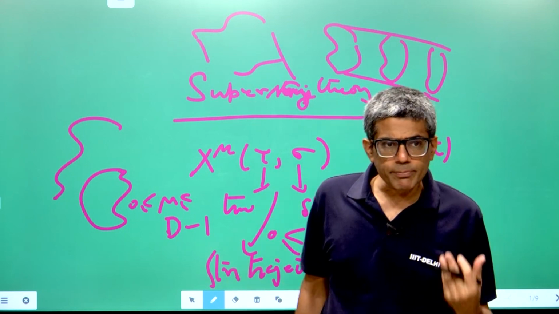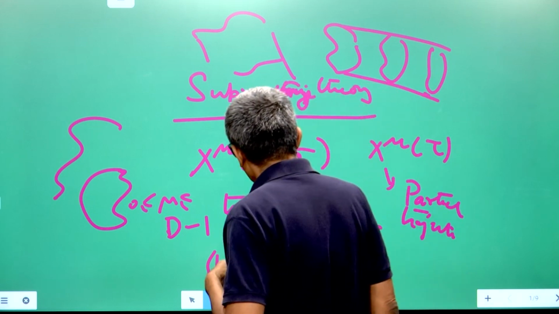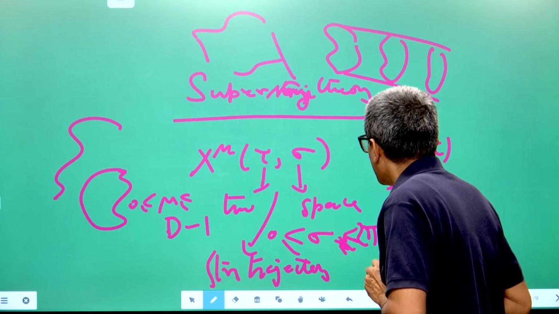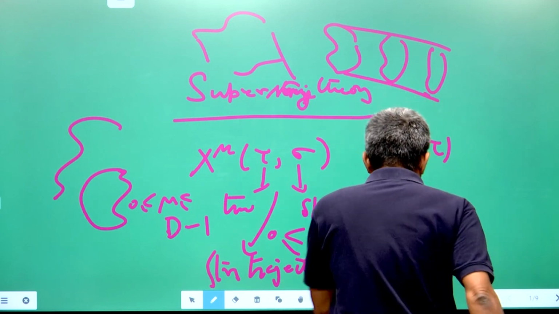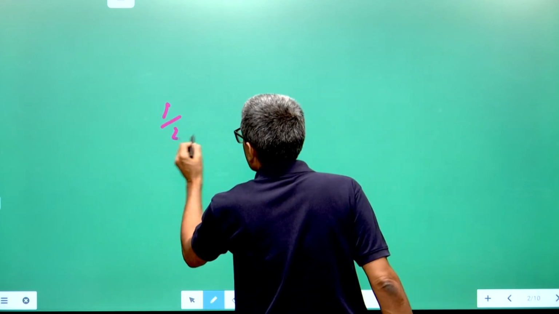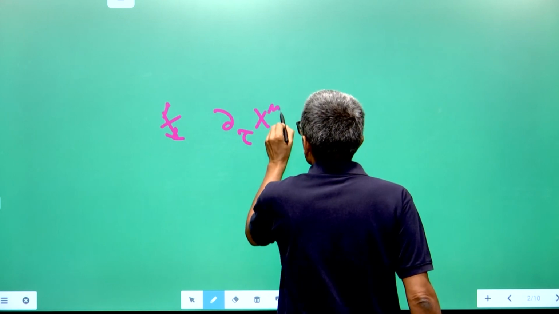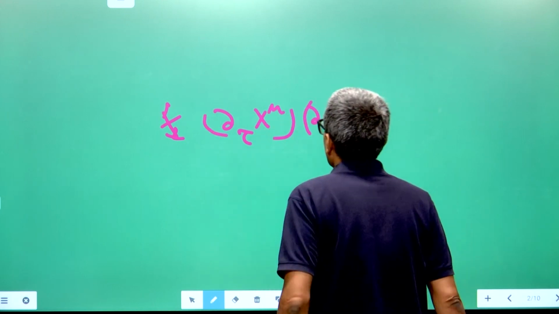Now, why did people introduce strings, with the hope of unifying quantum mechanics with gravity? The main reason is that when you write down the Lagrangian of a point particle, what does it look like? It looks like dou tau x mu and dou tau x mu.